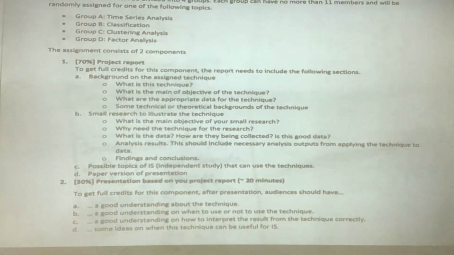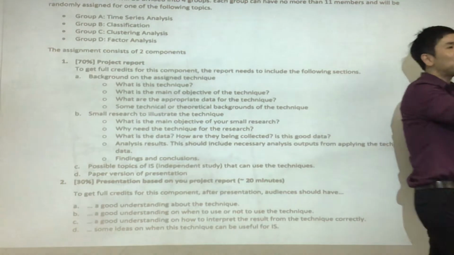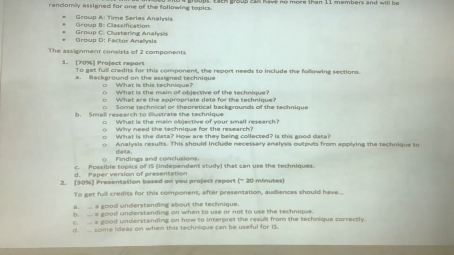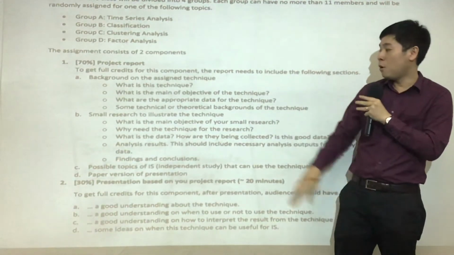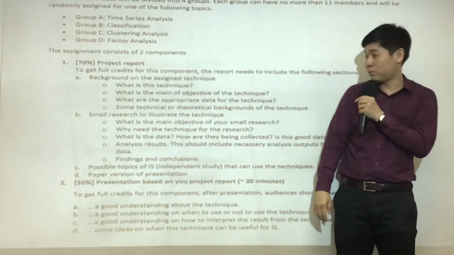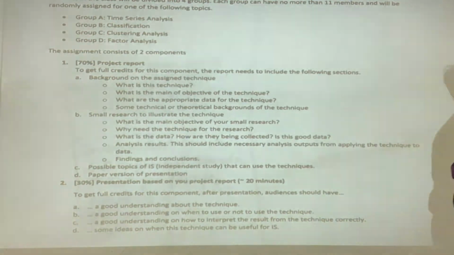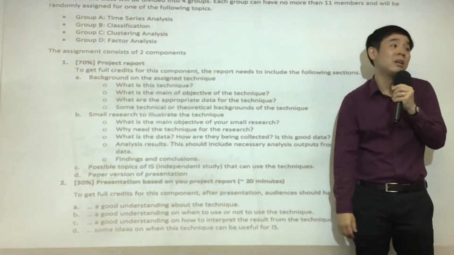The second part is to give me some kind of small research. Just think of small as just for that technique. It doesn't have to be big. From that small research, it needs to tell what the objective of that research is, why that research needs this technique, and what data you use for this technique.